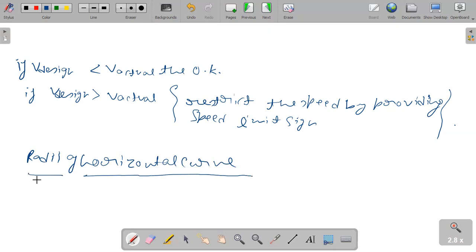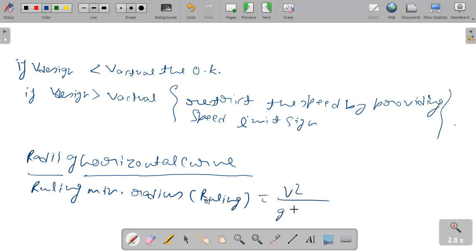So basically we have a ruling minimum radius in curves. Our next part will be on curves tomorrow, 100%. Then you'll get a better understanding about curves. Here we have just the formula: R ruling is equal to V square upon g(e plus f).